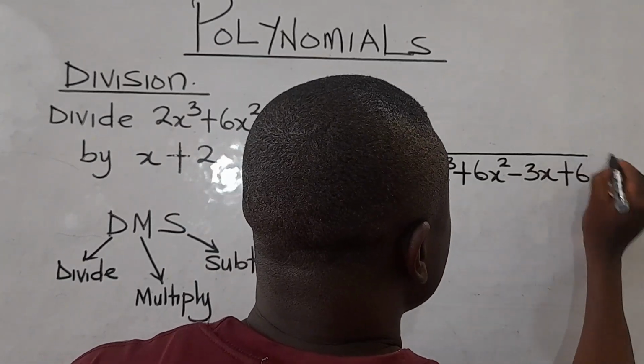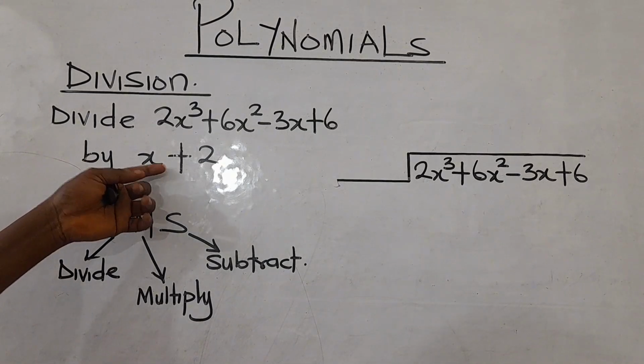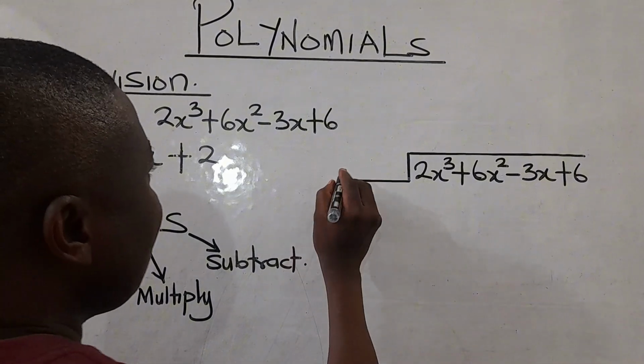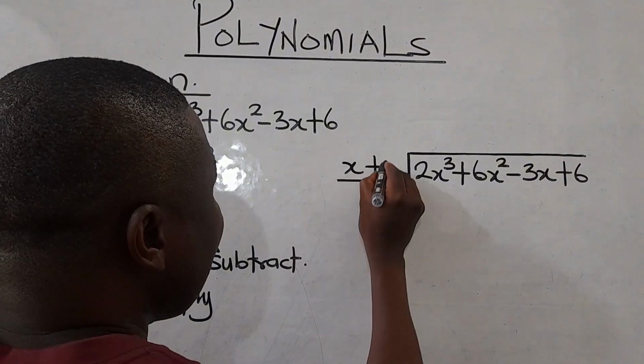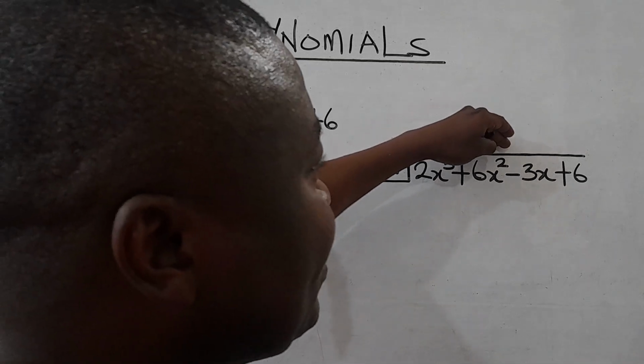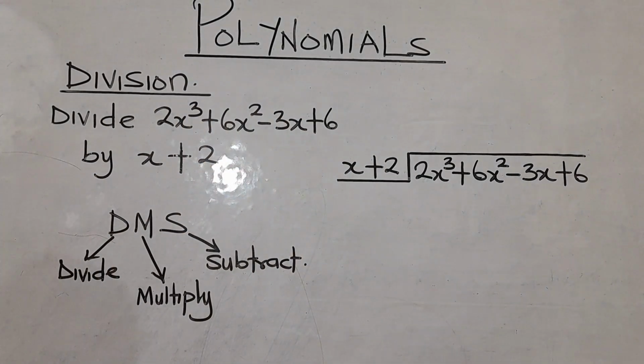And what we're dividing by is our divisor. The answer we are going to get is our quotient, and what remains is termed the remainder.